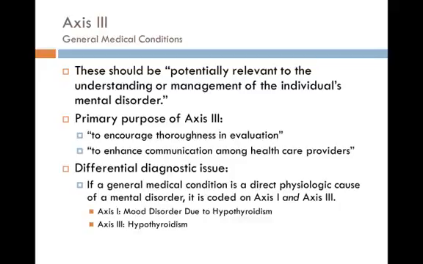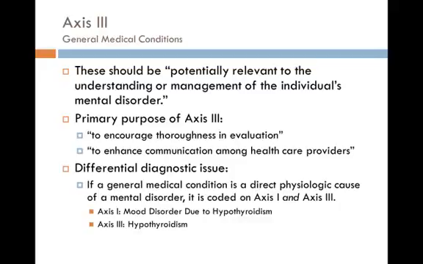So when that is the case, then you want to make sure that you include what the Axis 3 disorder is in order to better understand what the Axis 1 disorder is. And so the primary purpose of an Axis 3 is to encourage thoroughness in the evaluation, to give more of a total picture or gestalt of what the person is going through.